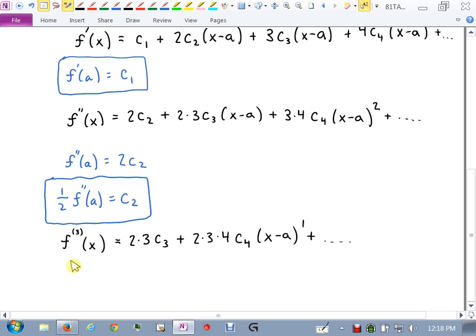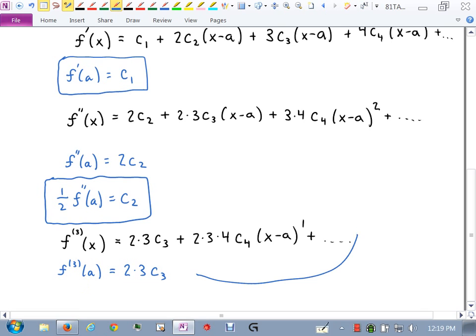Now plug a into the third derivative. The third derivative at a would be what? 2 times 3, C3. And then divide both sides by 2 times 3.